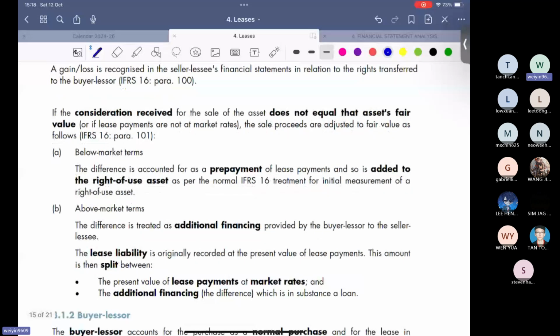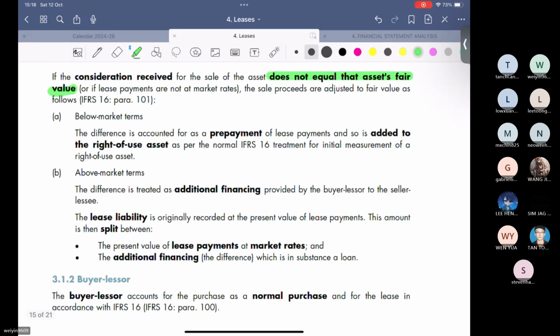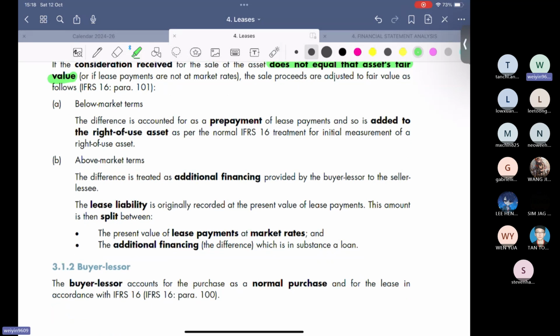If the consideration received for the sale of the asset does not equal the fair value, that means your payment is not equal to your market rate. So you will look at whether it's below the market terms or above the market terms. If below the market terms, the difference we will recognize as a prepayment.